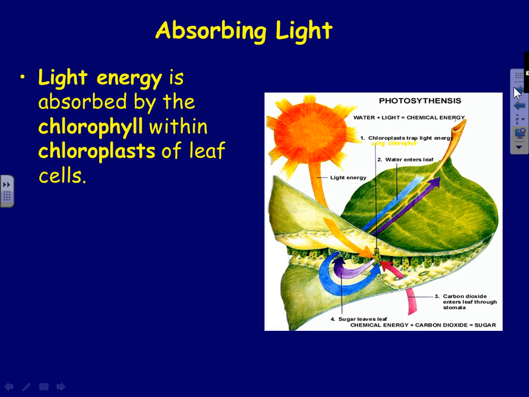Again, that's the green pigment within the chloroplasts of the leaf. And the chlorophyll tends to be concentrated on the top side of the leaf. So it's designed, I guess evolutionarily designed, in order to absorb that maximum amount of sunlight in order to again have photosynthesis take place at a maximum rate.